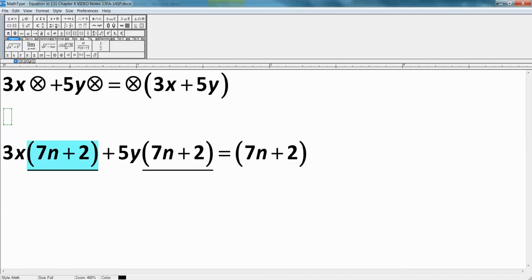If I take this off, what's left in this first term? Well, that would be 3x plus 5y. It's no different. It's just that this little thingamabobber has turned into 7n plus 2. And you're done.